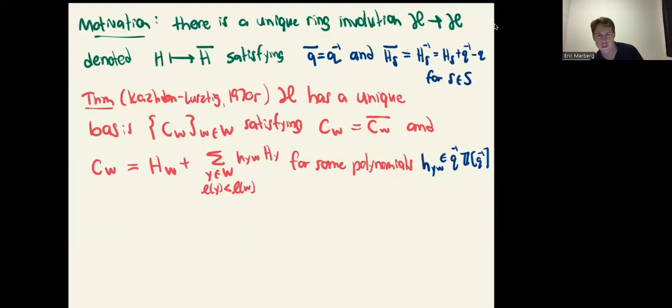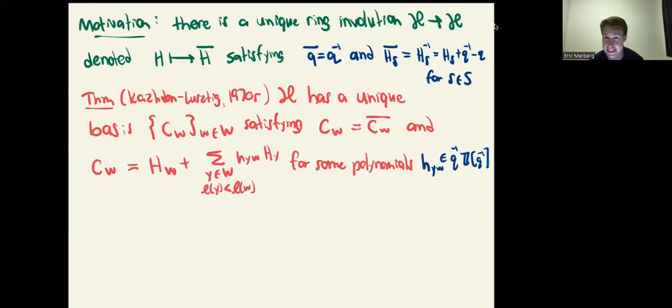So this theorem looks a little bit abstract, saying that there exists this basis, but I'll just say that the uniqueness of this basis essentially boils down to this bar invariance under this unique ring involution, and the fact that there are no polynomials in Q inverse with no constant term that are fixed by this bar involution.